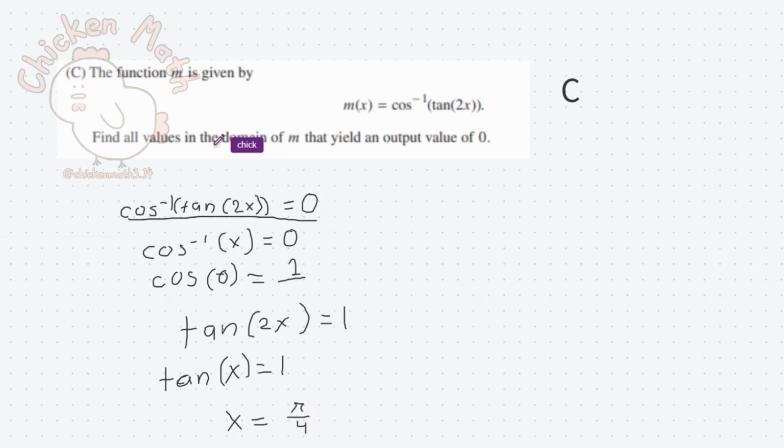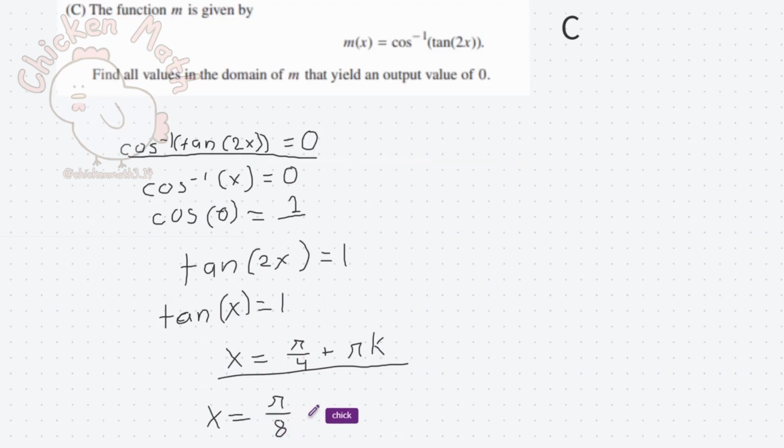But since this is on the entire domain, we have to add pi k. Also, if you guys are concerned about the domain, the values that wouldn't be in the domain is when tan of 2x doesn't exist. However, all these values are fine. So now to get tan of 2x, we just need to divide all this by 2. So then x would equal pi over 8 plus pi over 2 k.